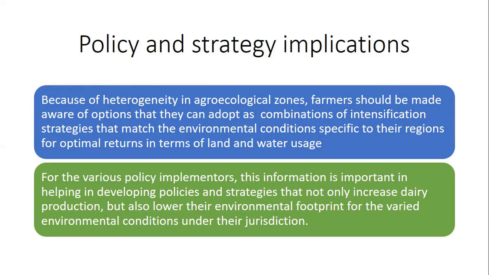Also, the information that is generated by this sort of work that considers the different zones helps the institutions involved in developing policies and strategies to make sure that the increase in dairy production is achieved, and still ensures that the increased production does not have a negative impact on the environment.